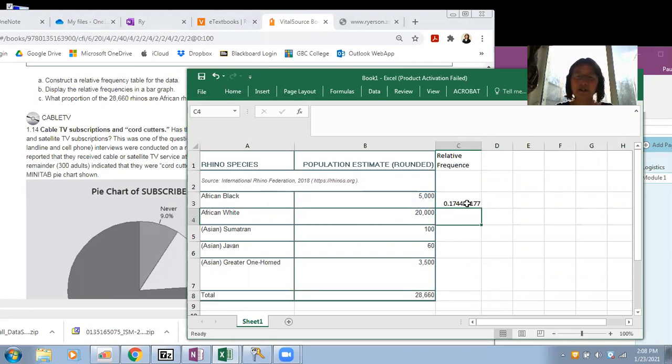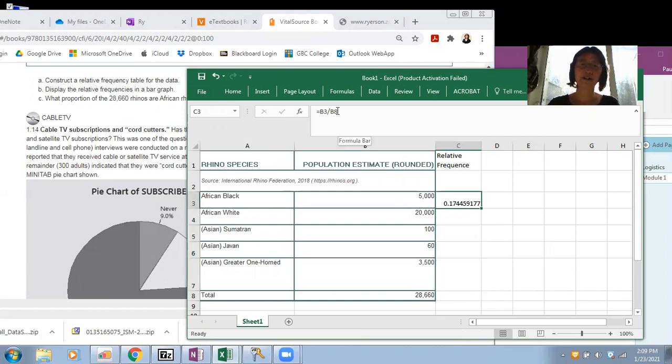Okay. So after you do the first calculation, put your mouse pointer on the bottom right corner until you see the fill handle, then click and drag down. Okay. So I need to modify the formula because I get this error. The reason is we should use absolute cell reference for the total.